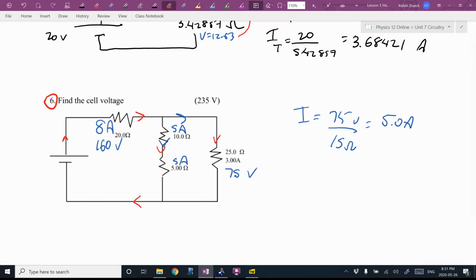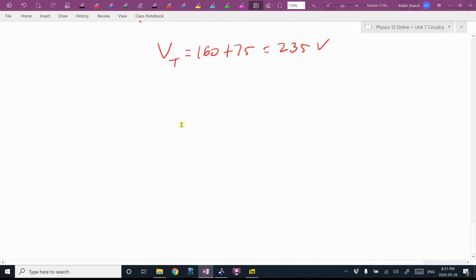So V total has to be 160 plus 75, which is 235 volts. Woohoo! Yes, it is. We've come a long way. We can solve some pretty challenging questions.